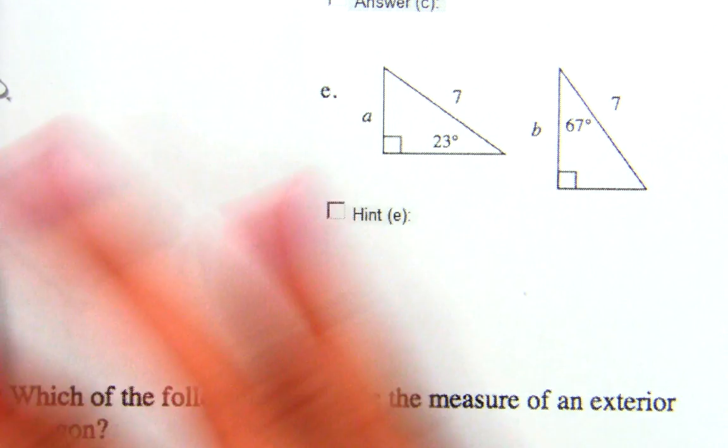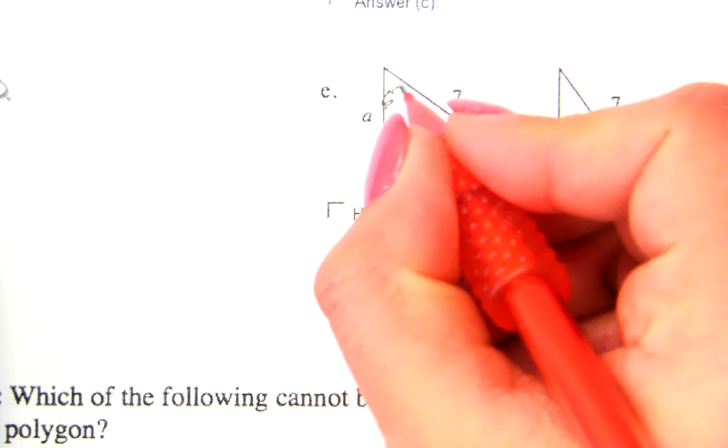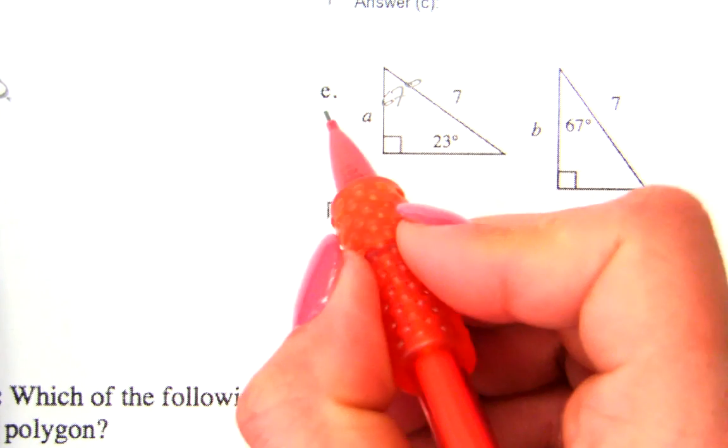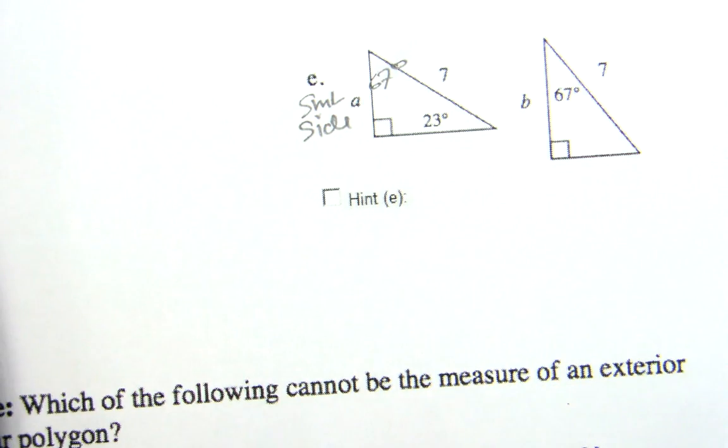Okay, that's weird. So 90 minus 23, 67. So that's 67 degrees. So this is the small side. And the question is, is it smaller than whatever 67 degrees might be?